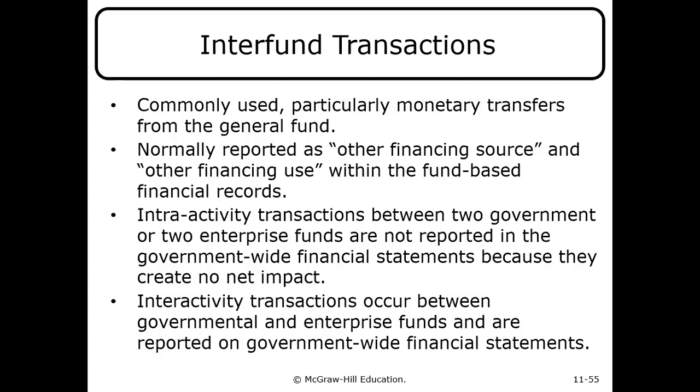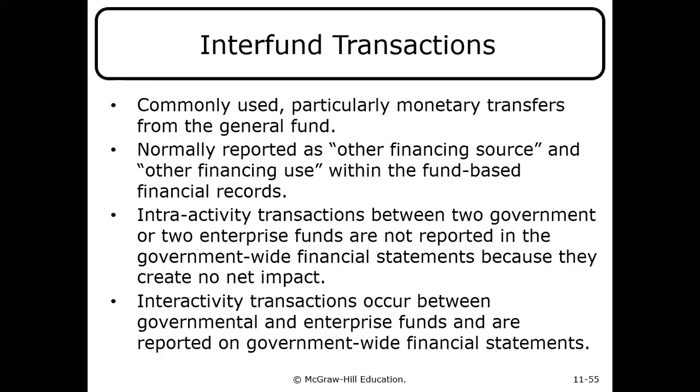Intra-activity transactions between two governmental funds or two enterprise funds are not reported in the government-wide financial statements because they create no net impact. Why? Because those two activities are usually reported together anyway in a government-wide financial statement. Separate funds are reported separately in fund financial statements, but government-wide, we report them all together in a category.